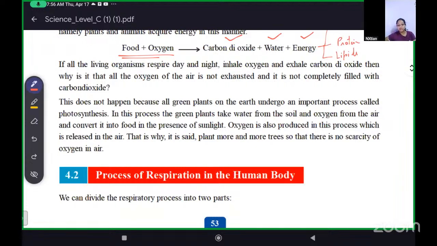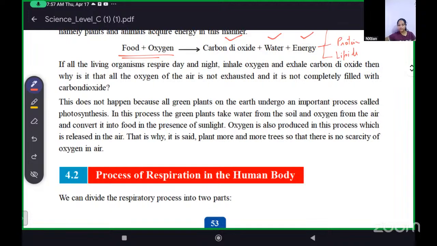This does not happen because plants undergo an important process called photosynthesis, in which the plants take water from the soil and carbon dioxide from the air and convert it into food in presence of sunlight. Oxygen is also produced in this process, which is released in air. Plants take in CO2 and release oxygen.